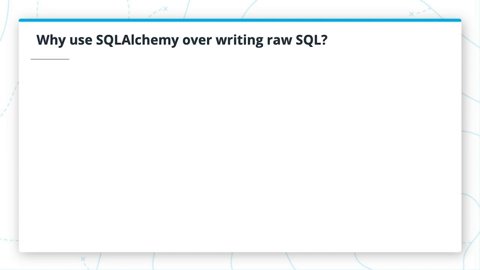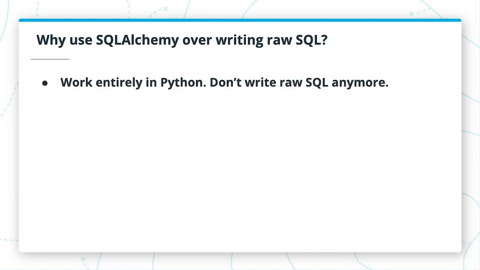So why use SQLAlchemy over writing raw SQL in the first place? Why is this something that we would want to do? Well, first off, it allows us to mentally work entirely in Python instead of writing raw SQL. You would avoid making errors in SQL syntax, since you would otherwise write these strings injected into execute statements.